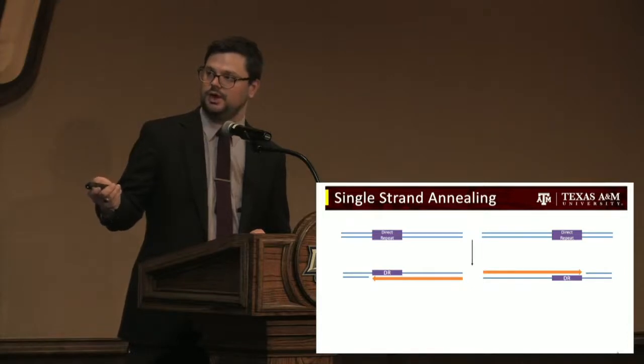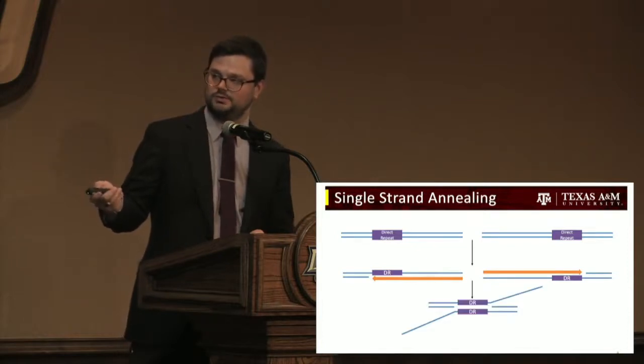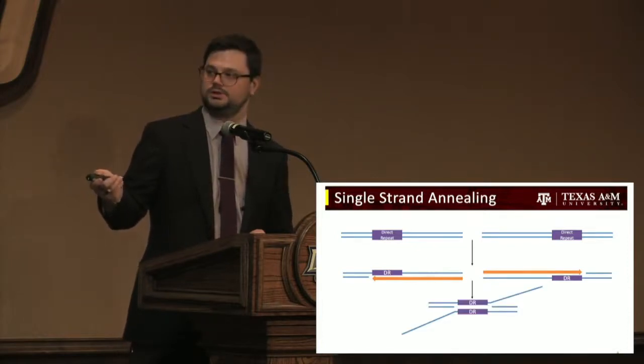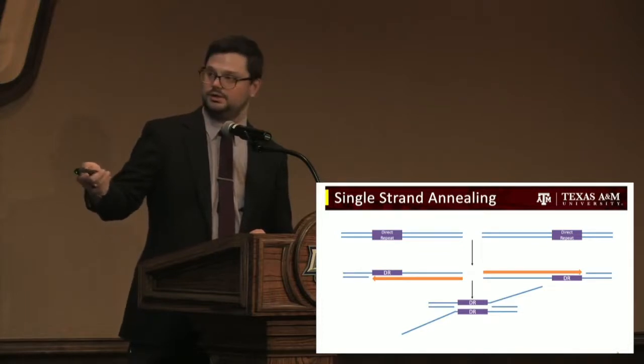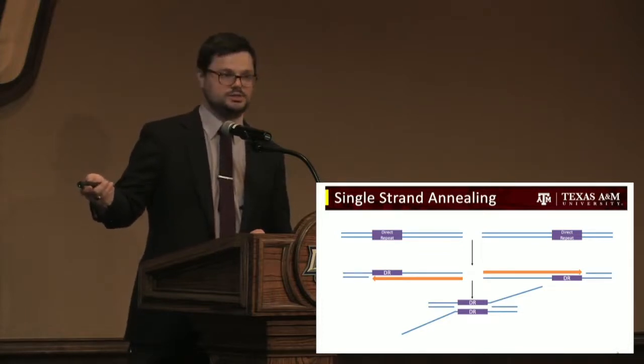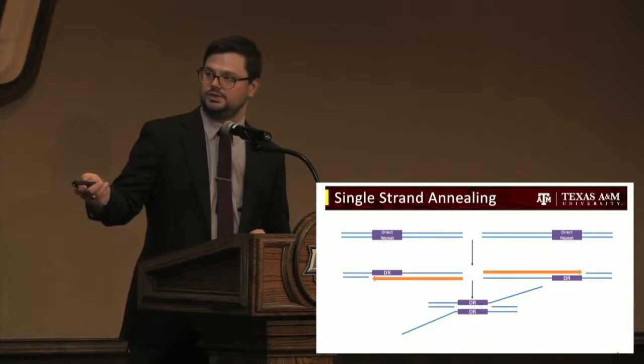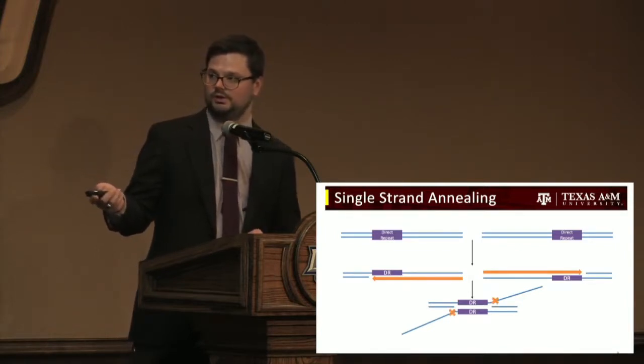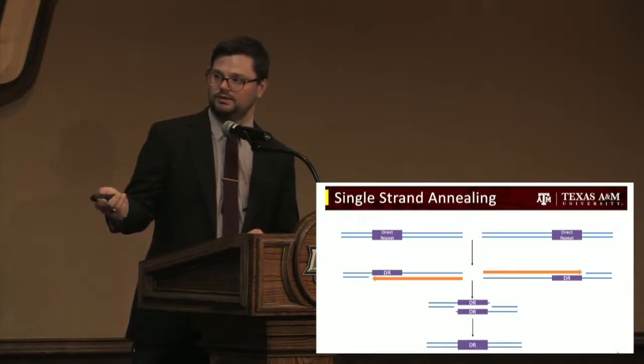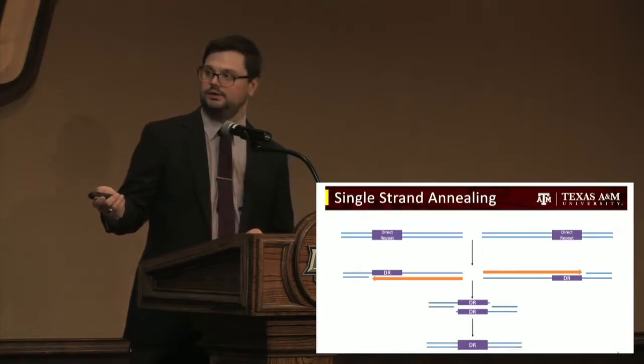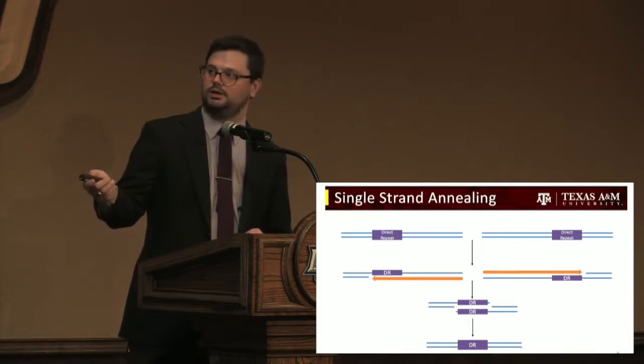And so you have these single-strand overlaps. Since the direct repeats have the same sequence and these ends were resected, these are complementary, so they stick to each other. But then you have these single-strand overhangs, and those are clipped off by other enzymes, and then it's ligated back together. So you've gotten rid of the double-strand break, the DNA is repaired, but you've generated a fairly sizable deletion.